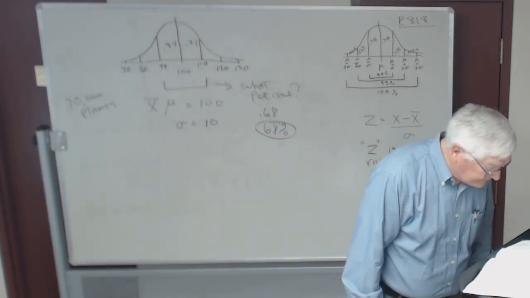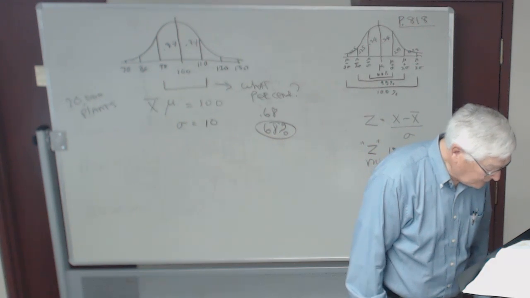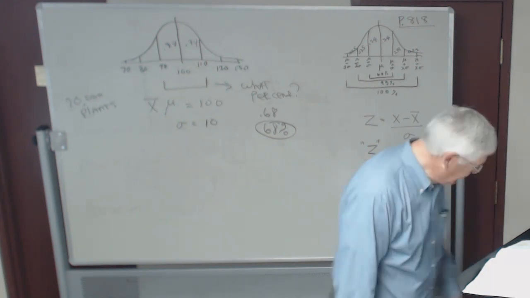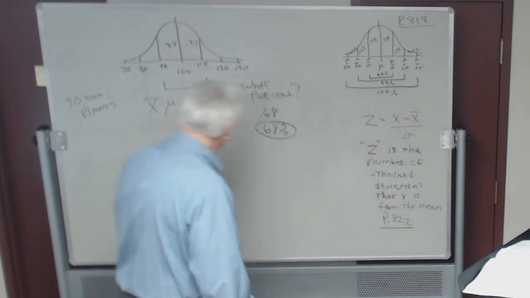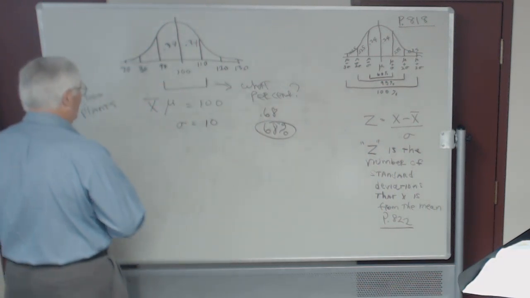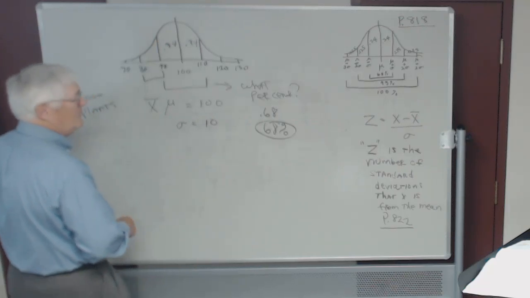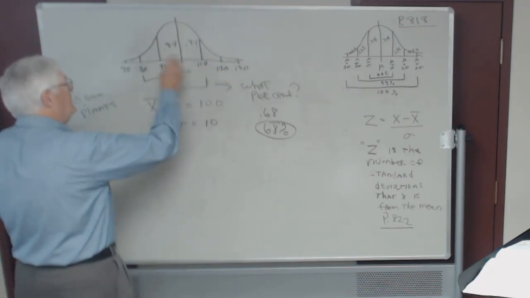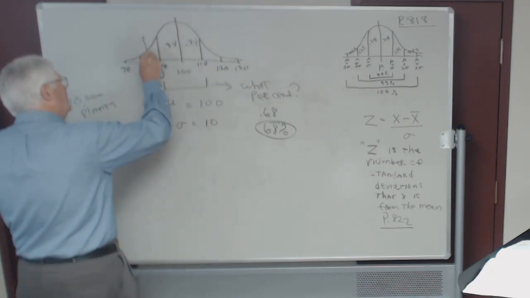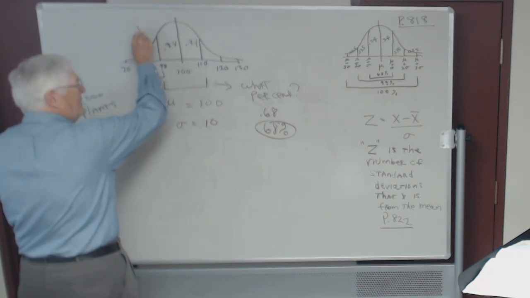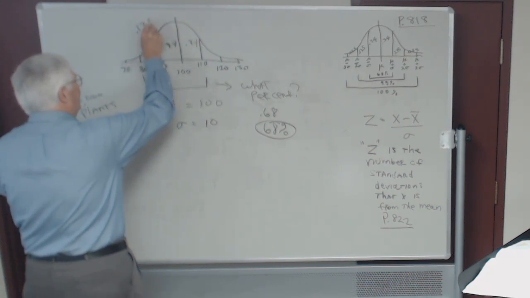Then what's it say next? How many stalks are between 80 and 90? So now they come back here and say, what about 80 to 90? And what does that say? 0.135.